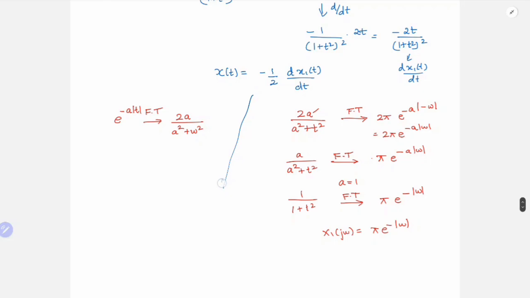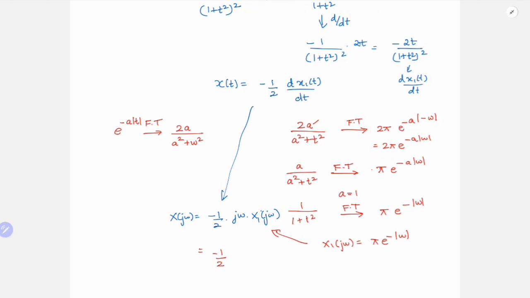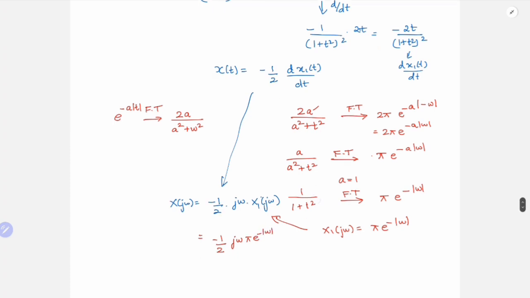And using this, x of j omega is nothing but minus half into j omega into x1 of j omega, right? So then using this here, I will get minus half into j omega, x1 of j omega is pi e power minus mod omega. So this is minus j by 2 omega pi e power minus mod omega.